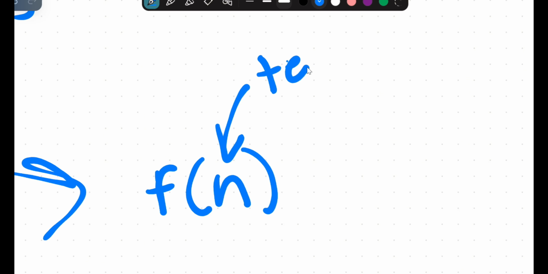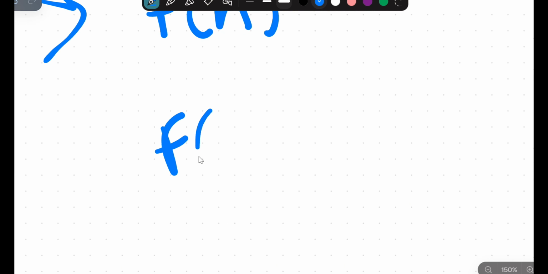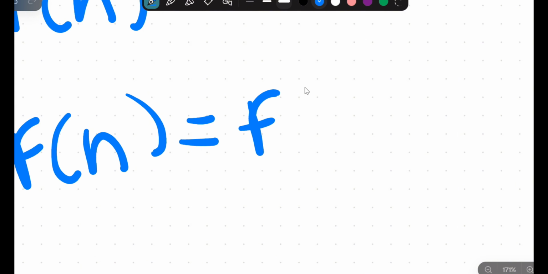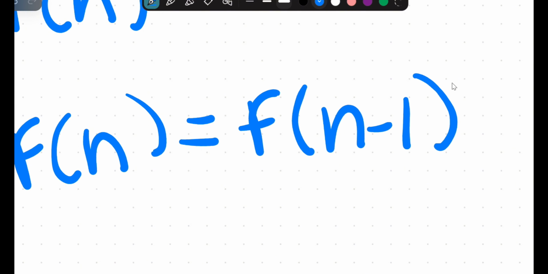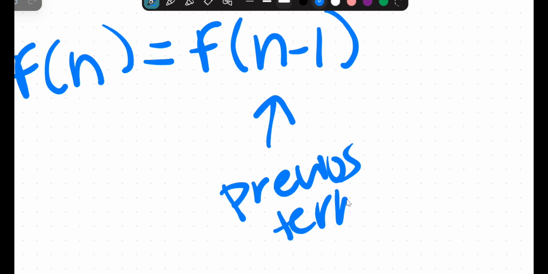This represents our term number. Just a quick refresher. So for this recursive equation, we're going to start off with f of n is equal to f of n minus 1. And f of n minus 1 is just the previous term, right?